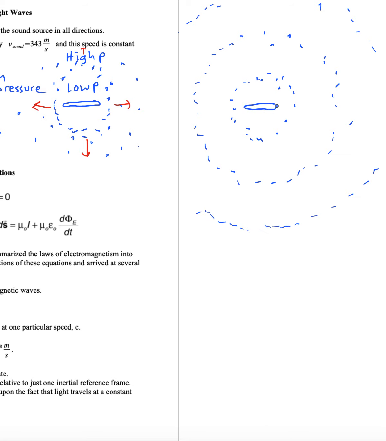Here's our object. This is called a crest when we have a ring of high pressure. And a trough would be a place where there is low pressure.